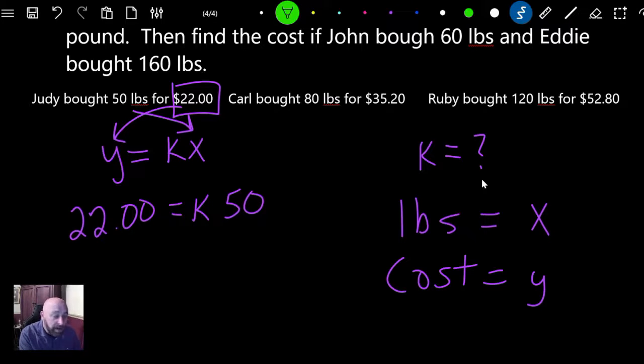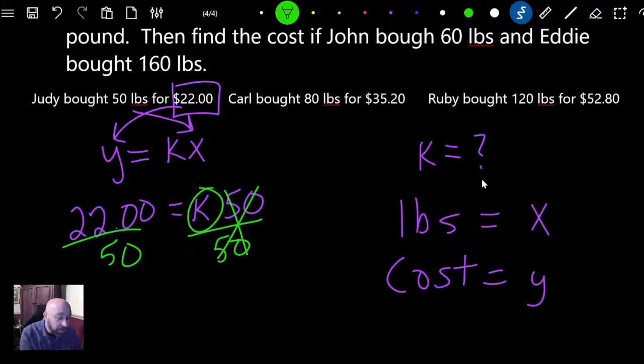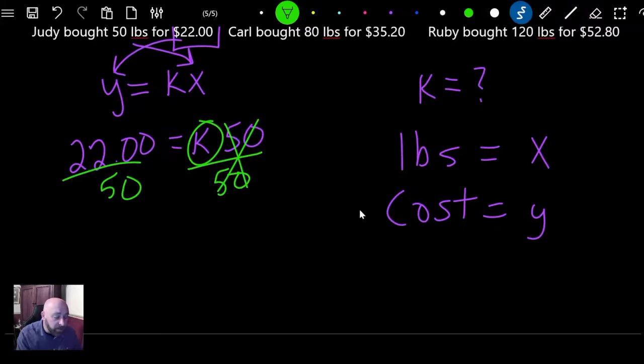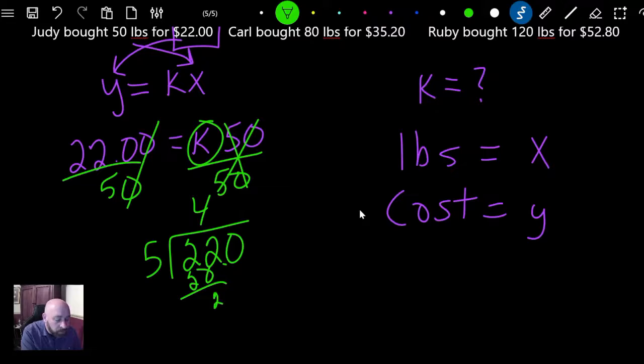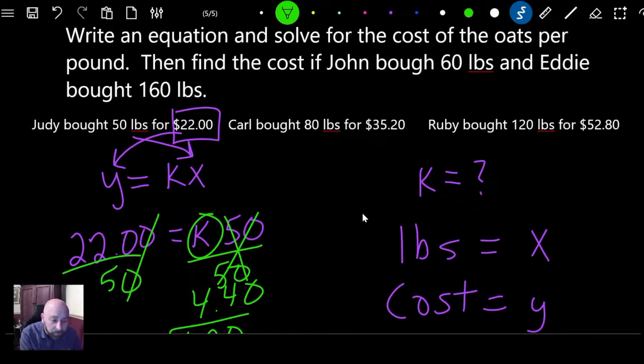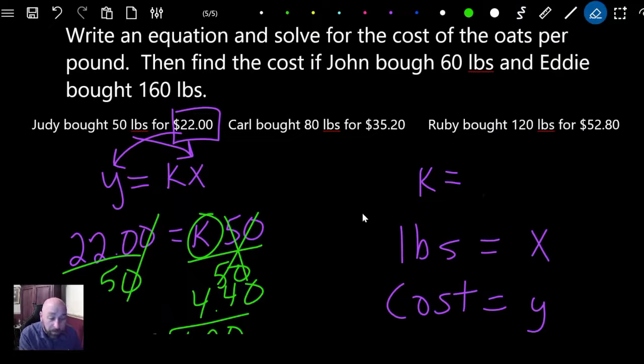Now if we divide both sides by 50, that cancels, and we get k by itself and find the answer. One way to do this is to divide 220 by 5, which gives us 4.4, or 4.40. So our k is going to be 4.40. Now we know the answer.